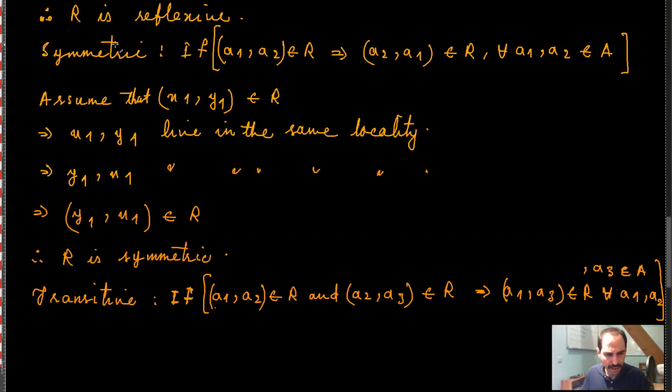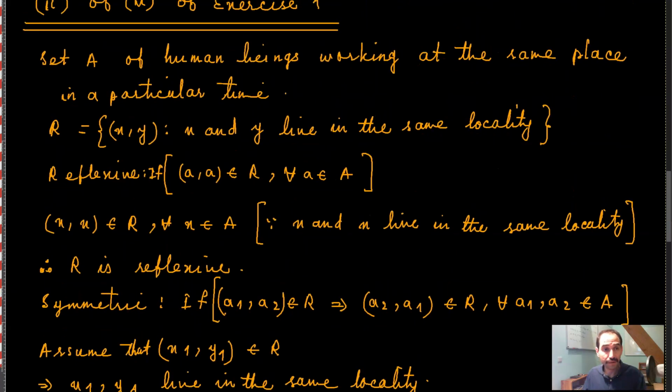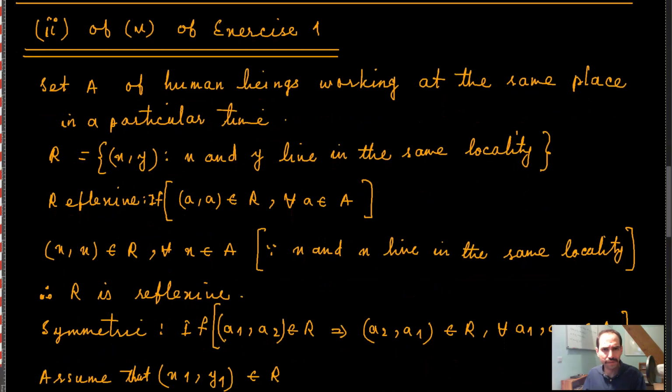Okay, so now in order to check whether R is transitive, we said that A is the set of all human beings working at the same place at a particular time, and R is all the ordered pairs (x, y) such that x and y live in the same locality.